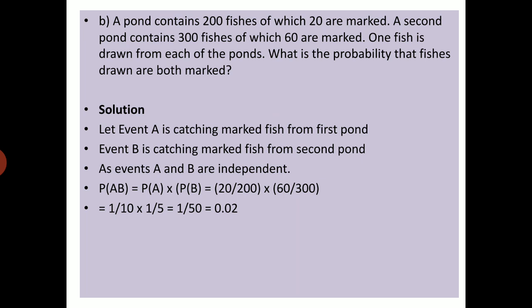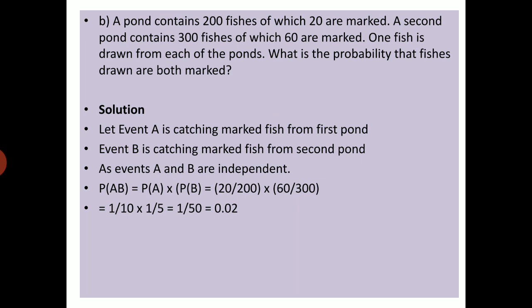So P(AB) is equal to P(A) into P(B), which is 20 divided by 200 and 60 divided by 300, equal to 1 divided by 10 into 1 divided by 5, equal to 1 divided by 50, which is equal to 0.02. Okay, so the chance of getting a marked fish from both ponds is 0.02 out of 1.